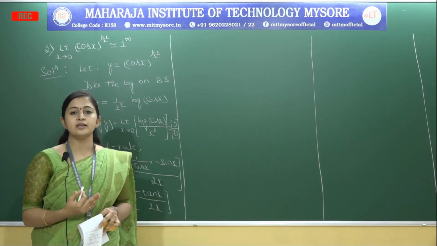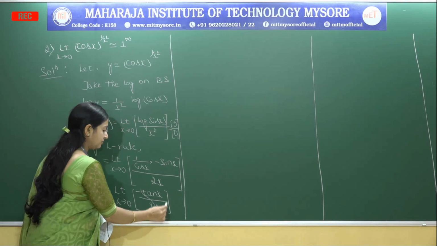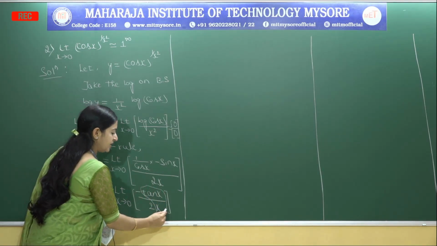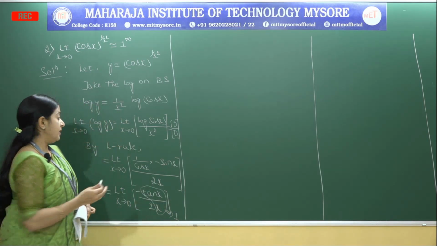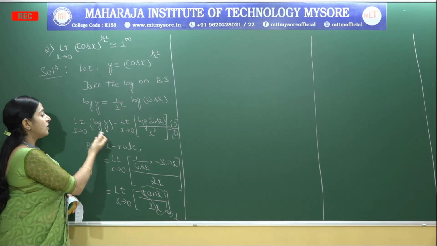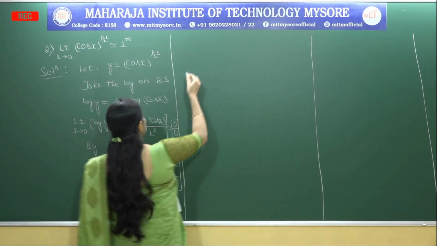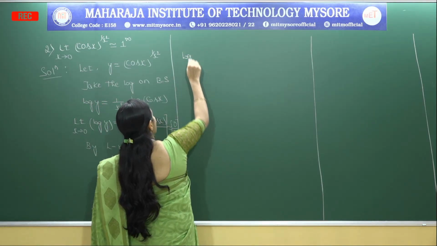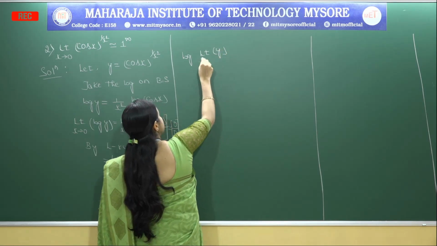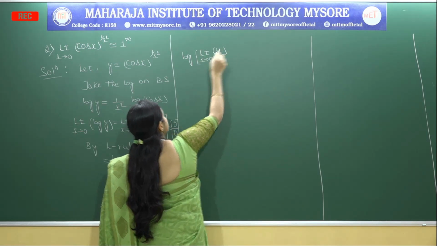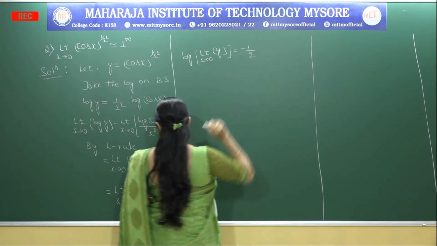As you know the property, the limit as x tends to 0 of tan x divided by x equals 1. Apply the property, and on the LHS you interchange the log and the limit, since you have the property that you can interchange the log with the limit. So the limit of log y as x tends to 0 equals minus 1 divided by 2.